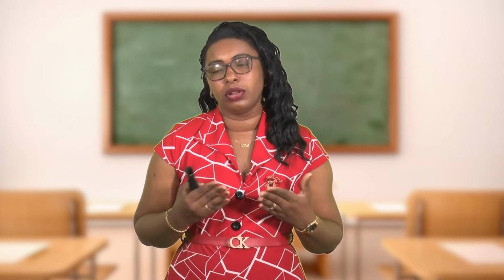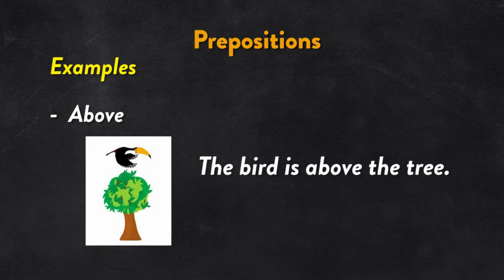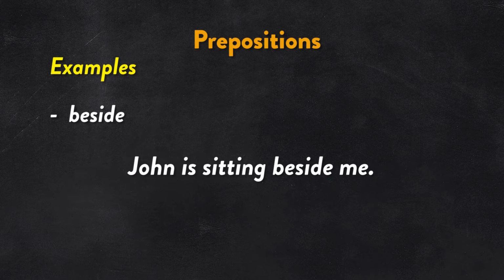Now, were any of those words strange to you? I am sure that you are familiar with all of those words, and I'm sure that you use them quite regularly. So, let's look at the word above. Remember, when we looked at the picture with the tree and the bird was above the tree. Okay?